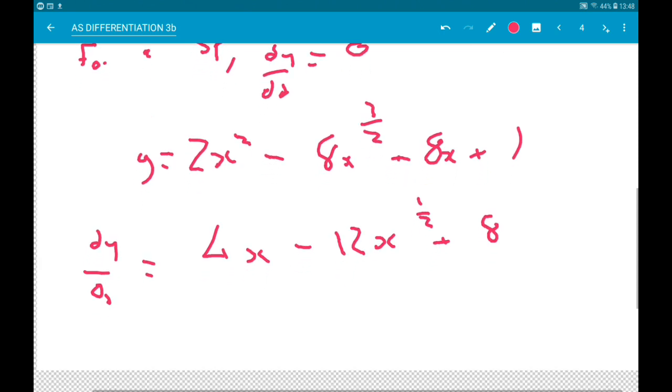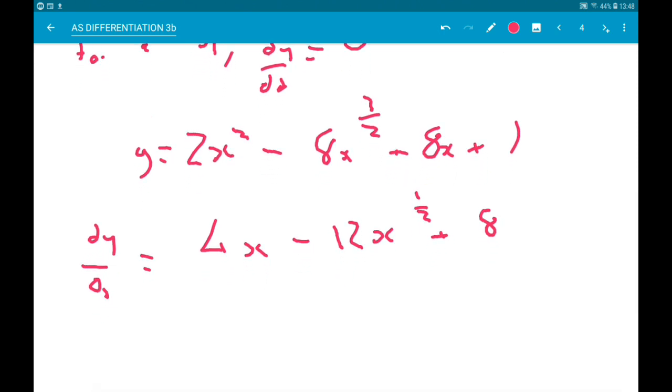Now, if you like, we can think of that as 4x minus 12 root x add 8.